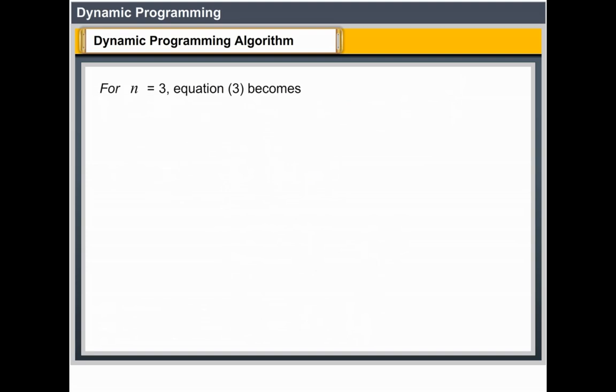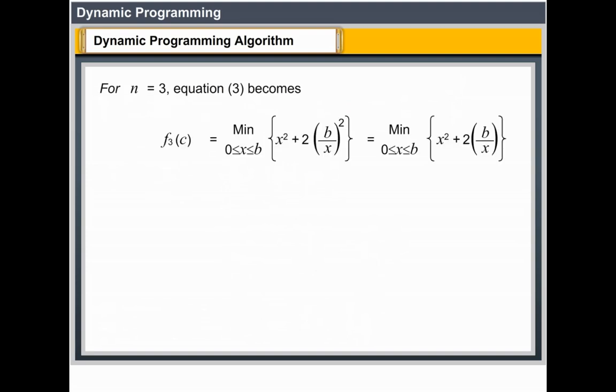For n equal to 3, equation 3 becomes f3 of b equal to minimize, 0 less than or equal to x less than or equal to b, x square plus f2 of b by x, equal to minimize, 0 less than or equal to x less than or equal to b, x square plus 2 into (b by x) whole power 1 by 2 the whole square, equal to minimize, 0 less than or equal to x less than or equal to b, x square plus 2 times b by x.